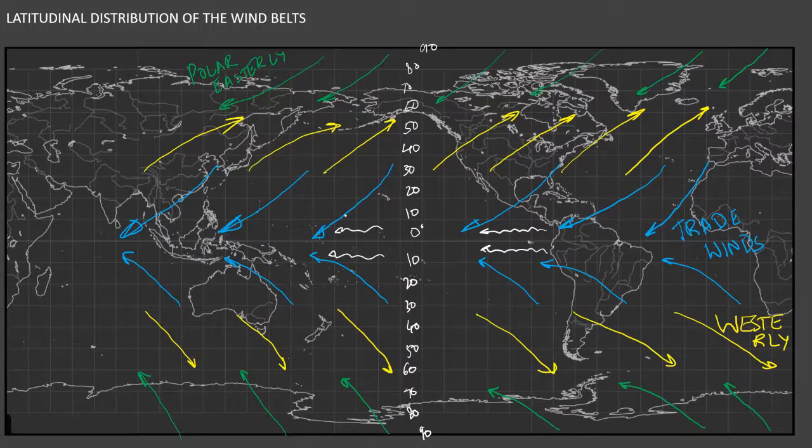Like this. The westerly winds, they will drag the water in their path from west towards east, this way. And same, the polar easterlies, they will drag the water from east towards west like other winds. So this is very obvious. Keep this in mind.